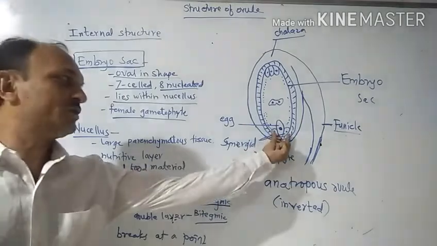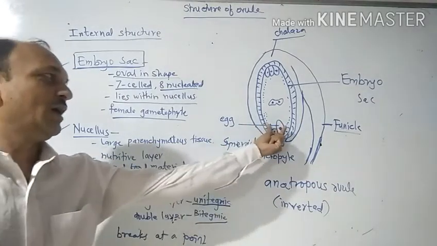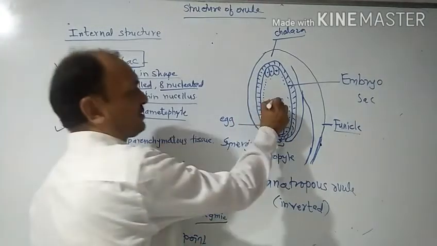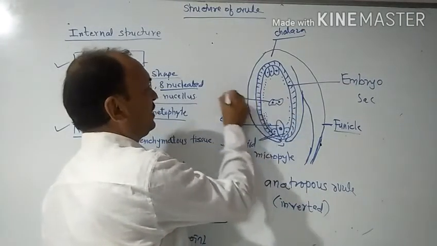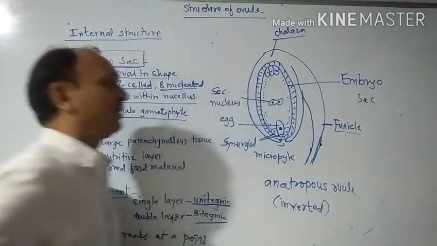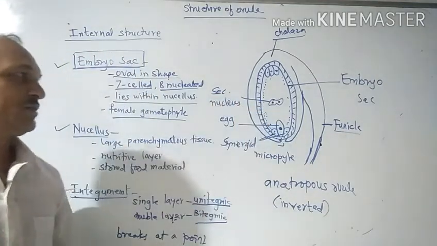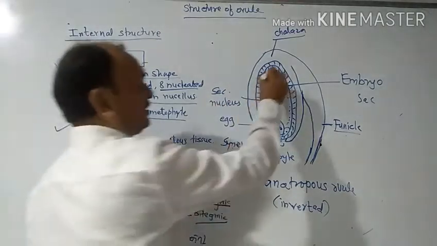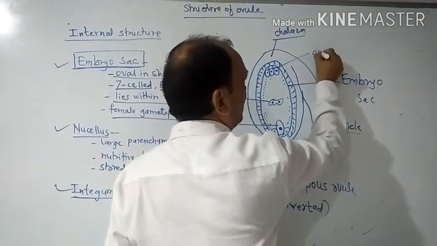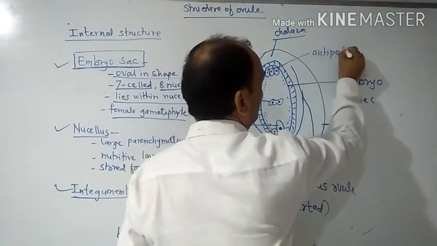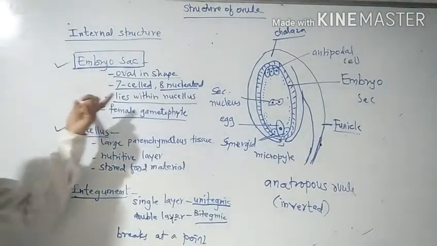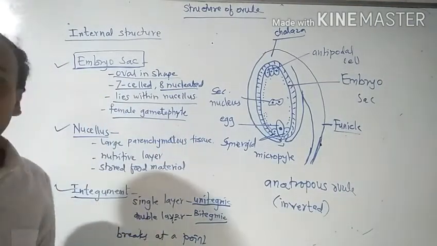These two small cells are called synergids. The middle large cell is called the egg cell, and in the center is the secondary nucleus, which has two nuclei inside the cell. And these three towards the chalazal end are called antipodal cells. So this is the whole internal structure of an ovule.